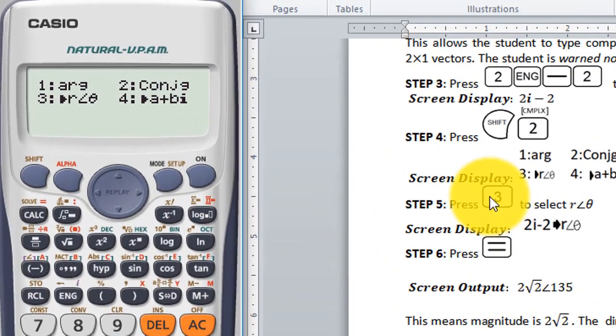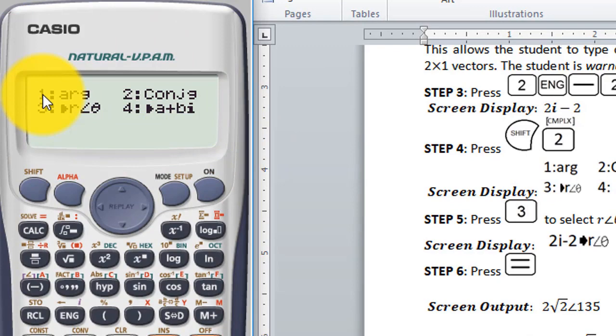When you do that, you see 1 is argument, that is ARG, 2 is conjugate, and 3 we have r, then the angle sign, and theta. r is the magnitude of the vector, and theta is the angle or the direction of the vector.